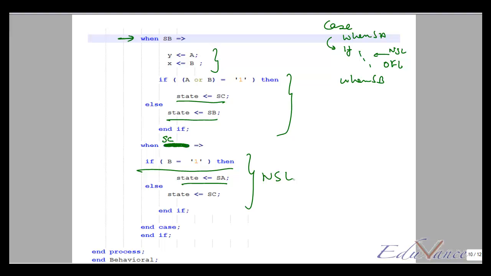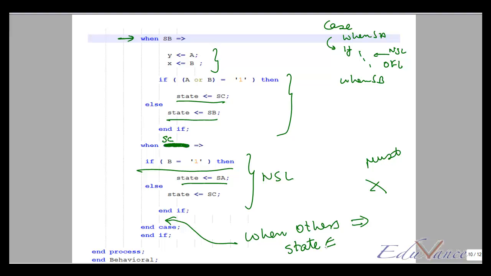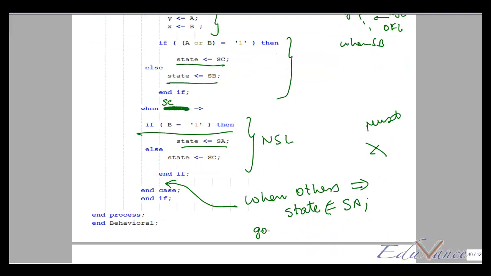Now, just for correction, there should be another case here, which is when others. If you do not have a when others, that is wrong. You must have a when others. So the safest option is to put the initial state is SA. This is good and safe design.